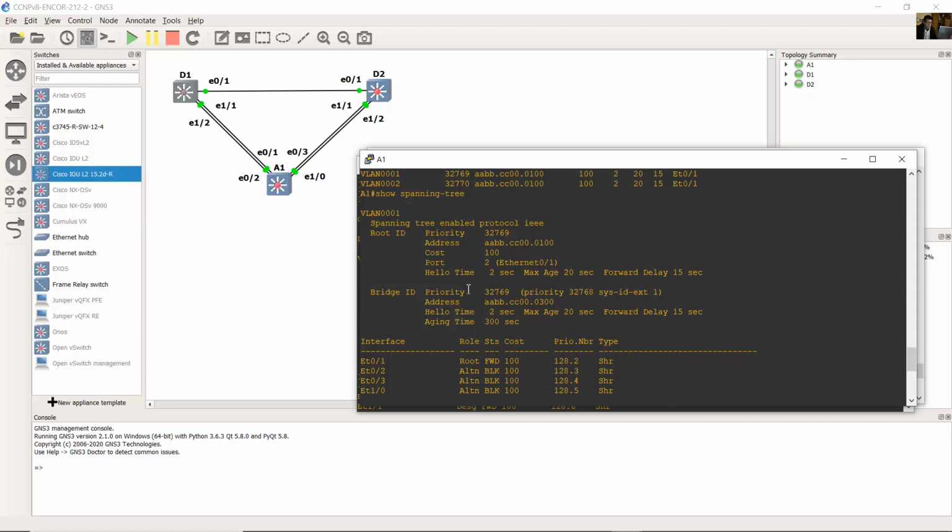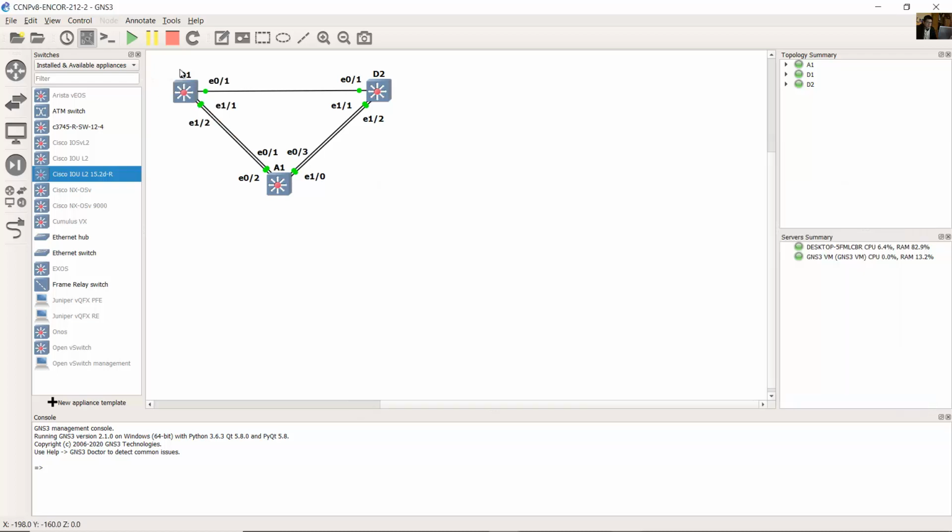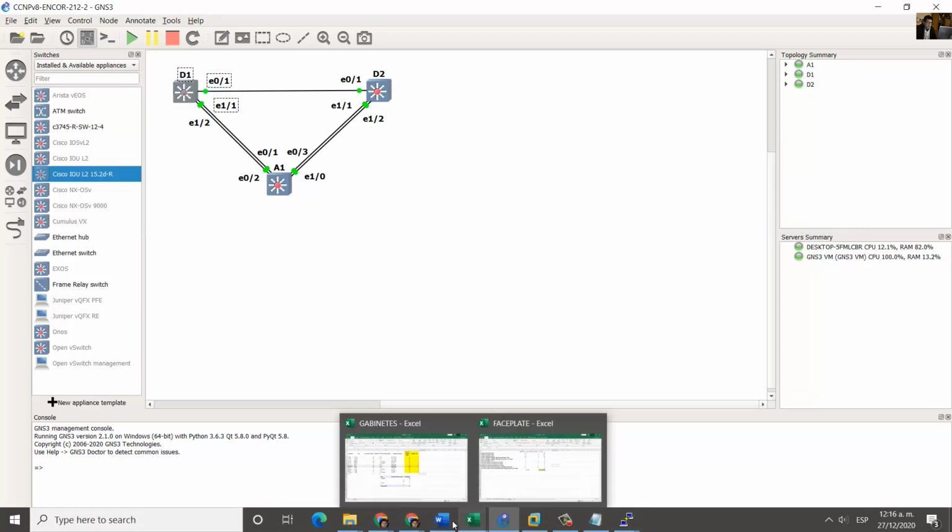Okay, they are the same priority, but the difference is the address. So the lowest MAC address is the MAC address of D1.